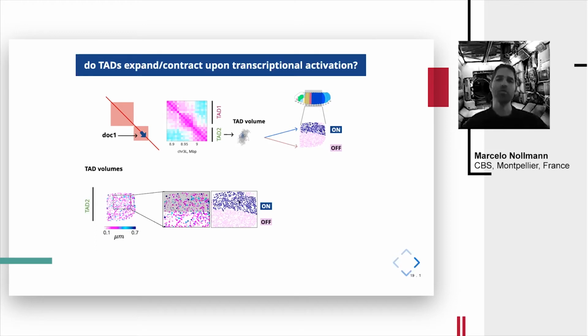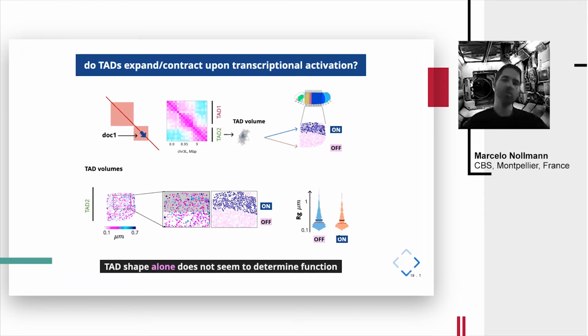If we now show side by side the expression pattern of this DOC1 gene, you see that there doesn't seem to be any apparent correlation. We can get a more quantitative analysis by just measuring the range of volumes for the cells where DOC1 is off, and the same for where DOC1 is on, and we don't see any evident difference. So the conclusion from this analysis is that TAD size alone does not seem to determine function.